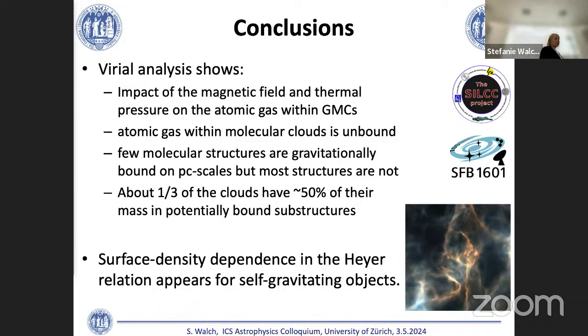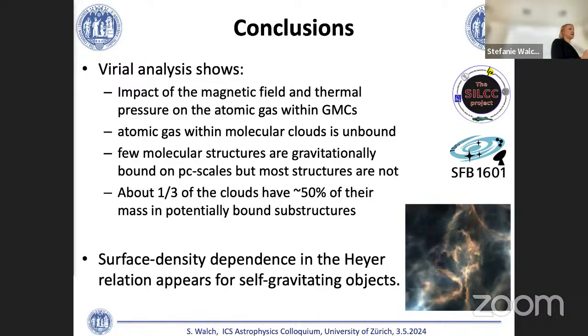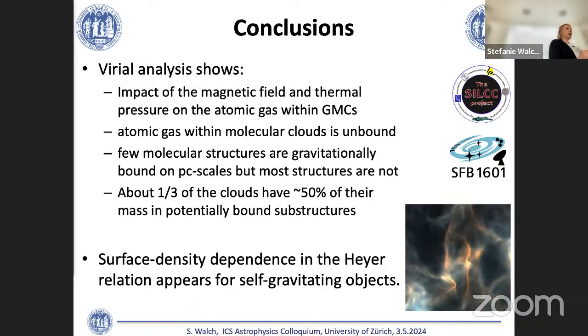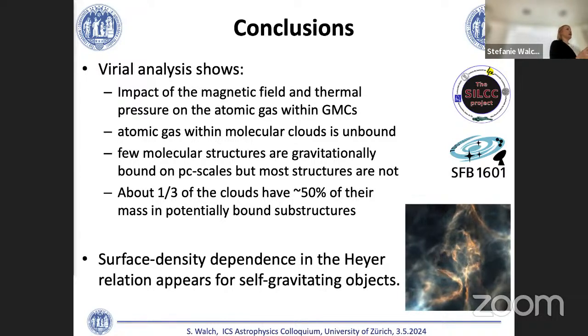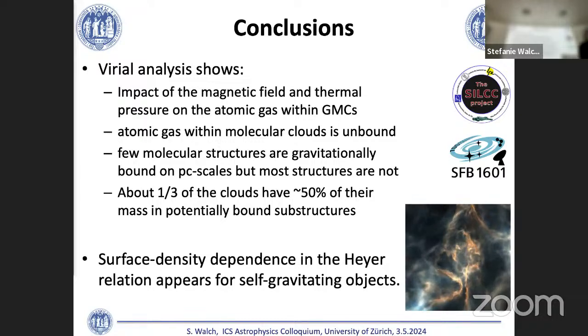And I think this brings us to the conclusion that if we look in detail, we see that clouds are not gravitationally bound, but I think we need to rethink then how this theory, which is based on gravity on the large scale, can go together with the fact that clouds are really not bound on the small scales. And I think this is something we need to work on in the future.